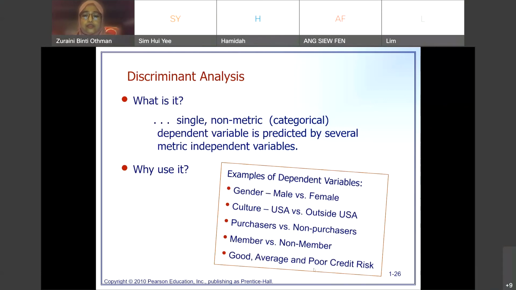Good, average, and poor credit risk. For this kind of analysis, we use discriminant analysis.